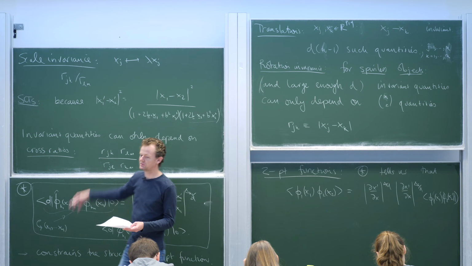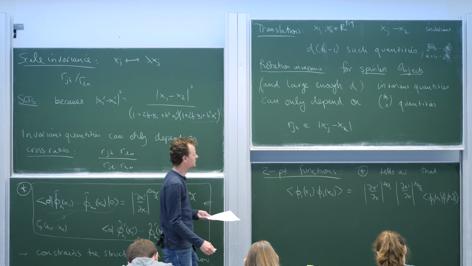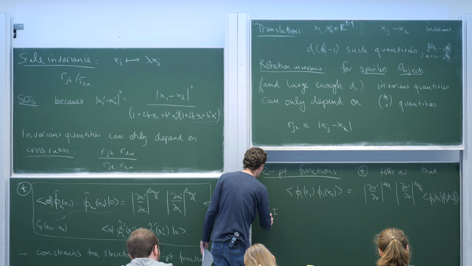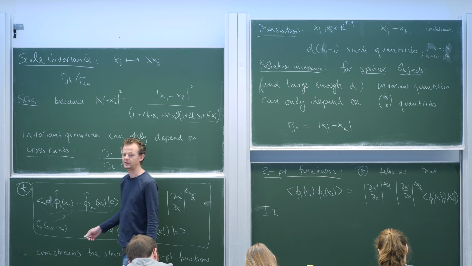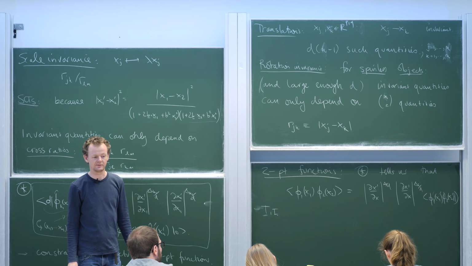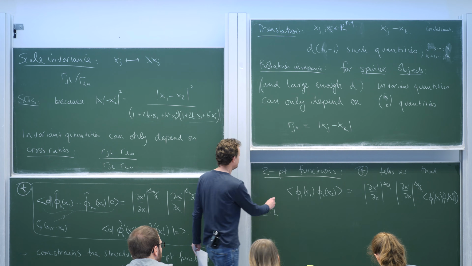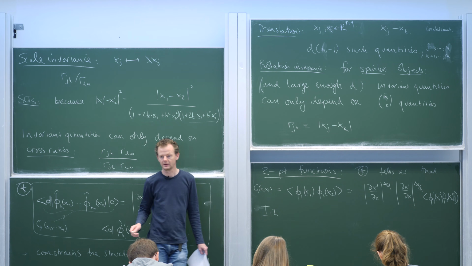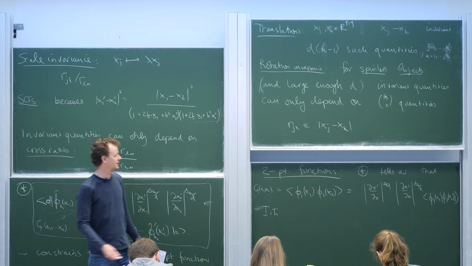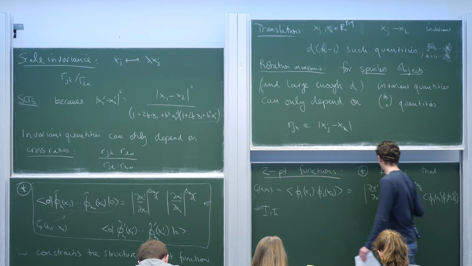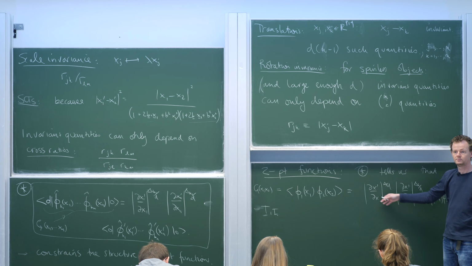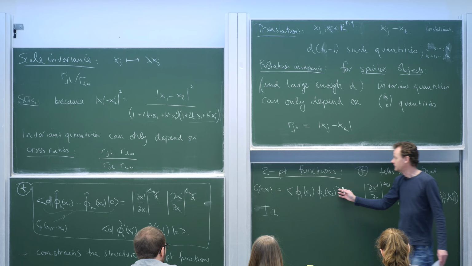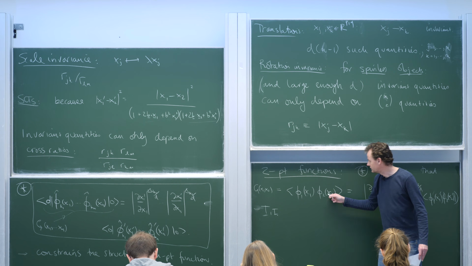Now, let's start exploiting the symmetries that we know. The first symmetry that any self-respecting conformal field theory would have is translation invariance. So translation invariance immediately tells you that, since the Jacobian for a translation is 1, this thing here can only depend on the differences of x1 and x2.